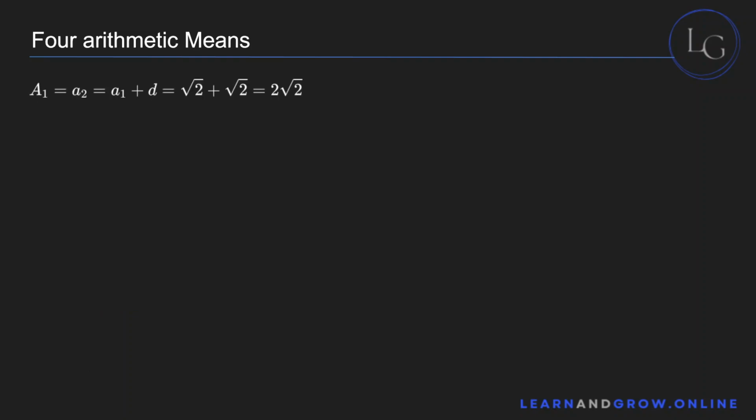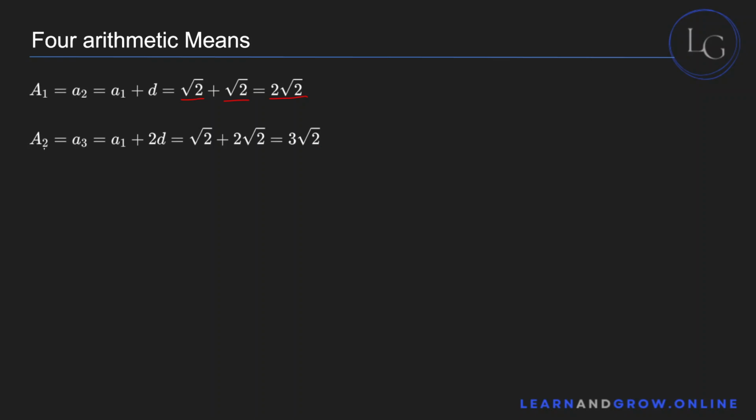So when you do the calculations, we have to find a2, which is equal to capital A1, the first arithmetic mean that we have to find. Obviously a2 is equal to a1 plus d, and so that becomes √2 plus √2, which is equal to 2√2.